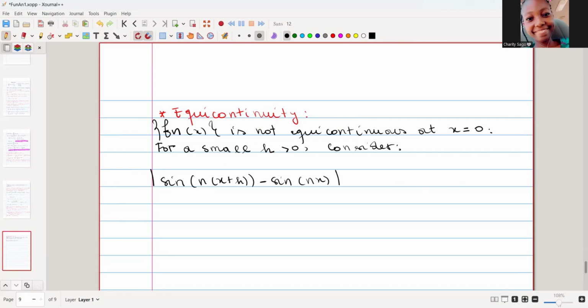So this is equal to something like nh cosine of nx.